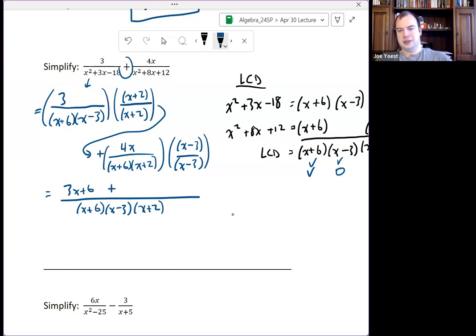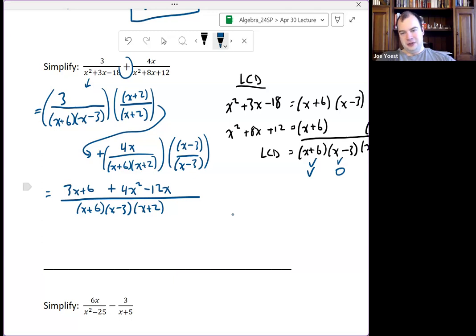And then plus 4x times x minus 3 is 4x squared minus 12x. Again, I have the same denominator, so I just add the numerators, keep the same denominator.